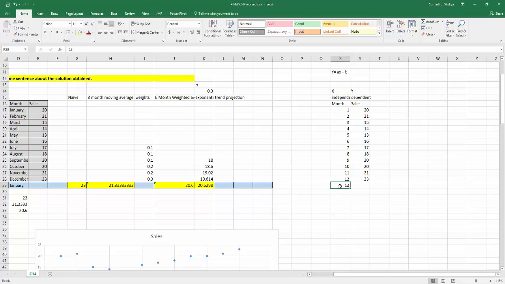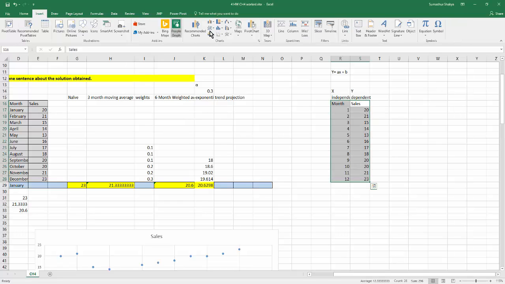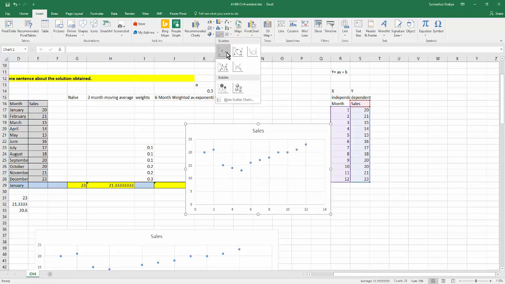Okay, so for now I'm going to delete this because it helps me with the keyboard selecting all the data together. So control down arrow, I know this is where it will stop. Now there are a few ways to do this. If we were to select the data, the first way is to again use the scatter plot.